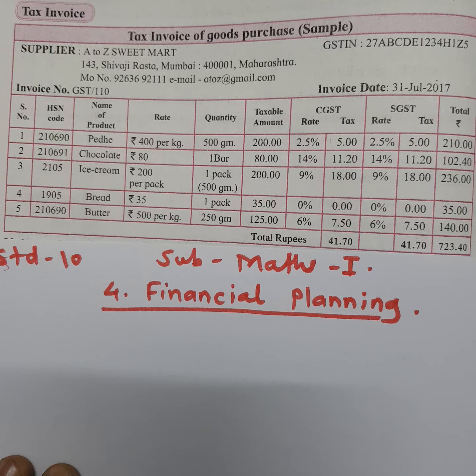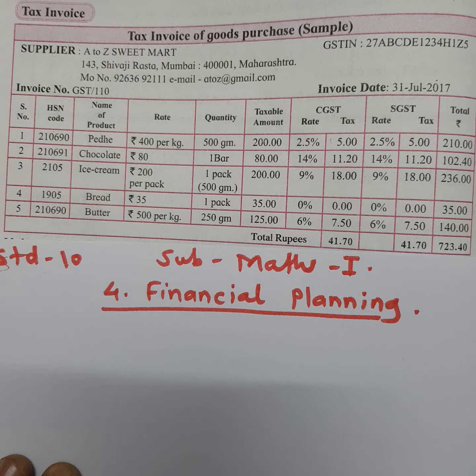In that lecture we learned about GST and some terms in GST like CGST, SGST, that is Central Goods and Service Tax, State Goods and Service Tax, and GSTIN, that is the identification number of the firm or dealer. We have also studied the alphanumerics in GSTIN.